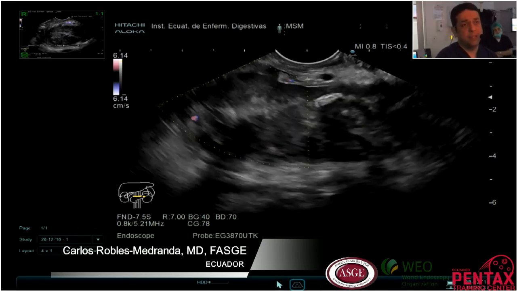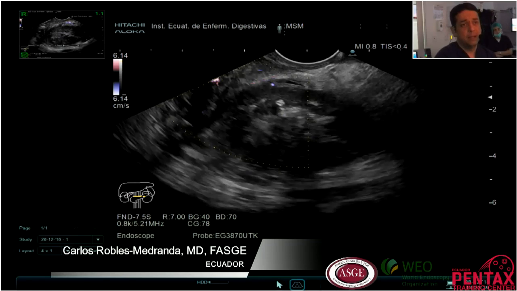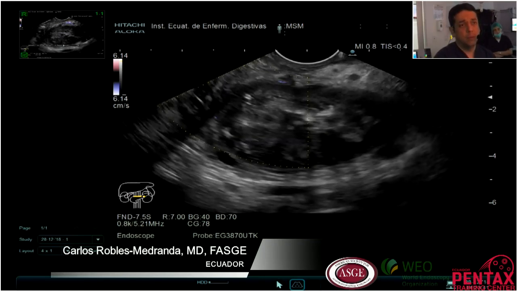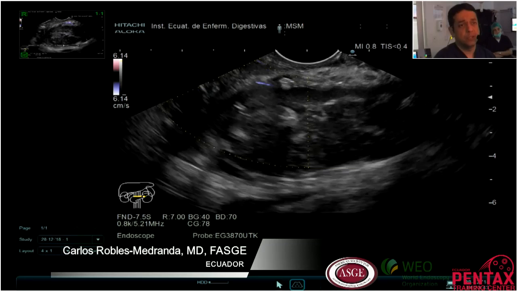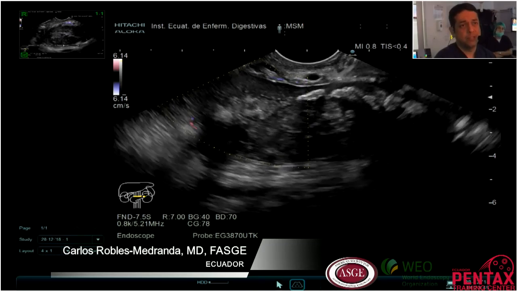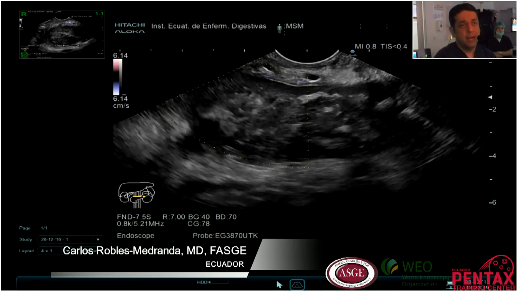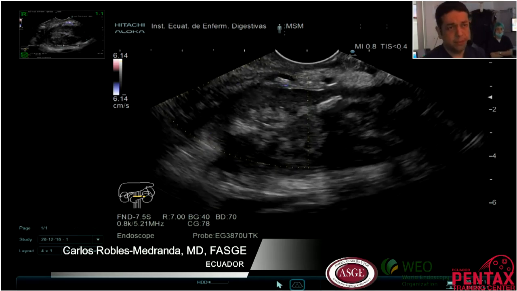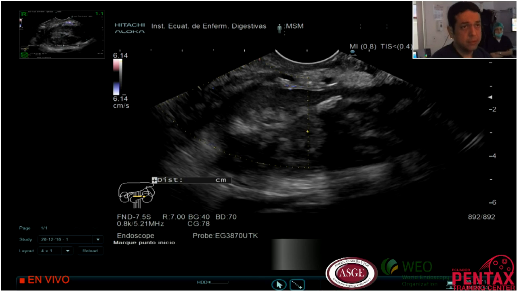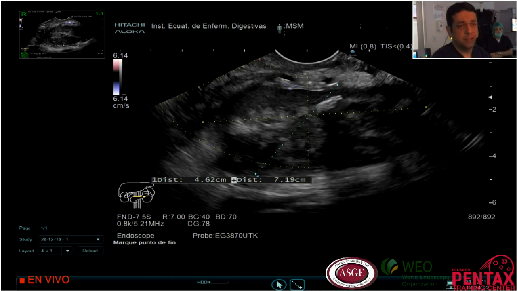The problem is where this pseudocyst with wall of necrosis is. It is just in the head of the pancreas, and its size is more or less 4 centimeters by 6 or 7 centimeters.